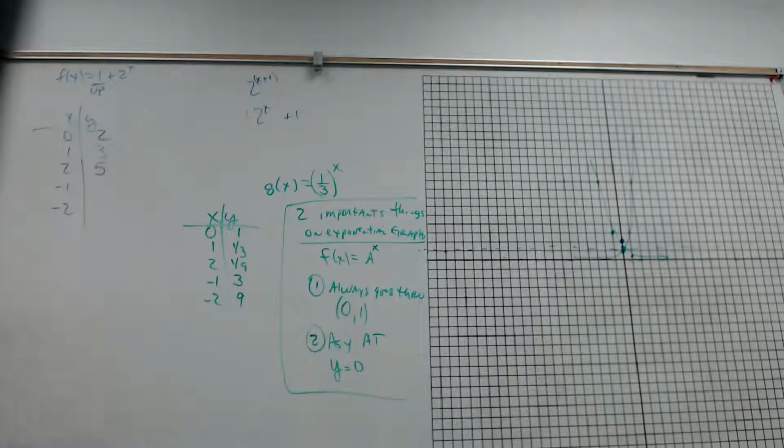Max, 2 to the -1 power? That would be 1/2. So 1 plus 1/2 is 1 1/2, right? And 2 to the minus 2 power, Daniel, 1/4. 1/4 plus 1, 1 and 1/4.